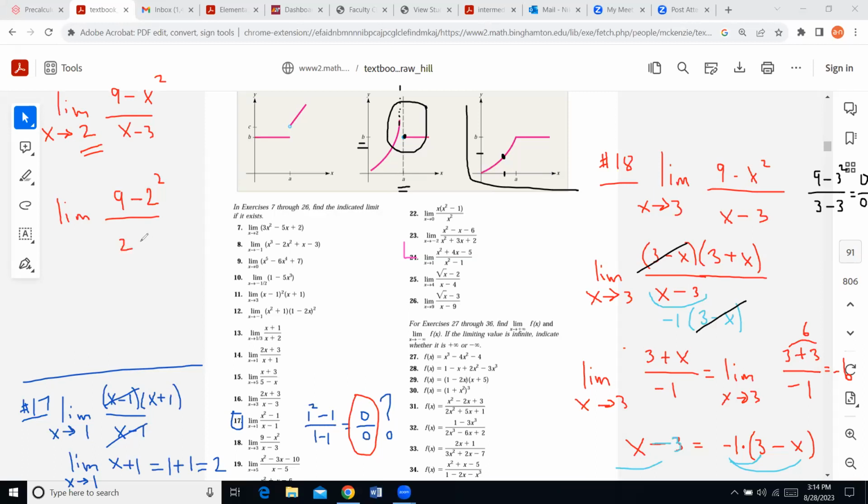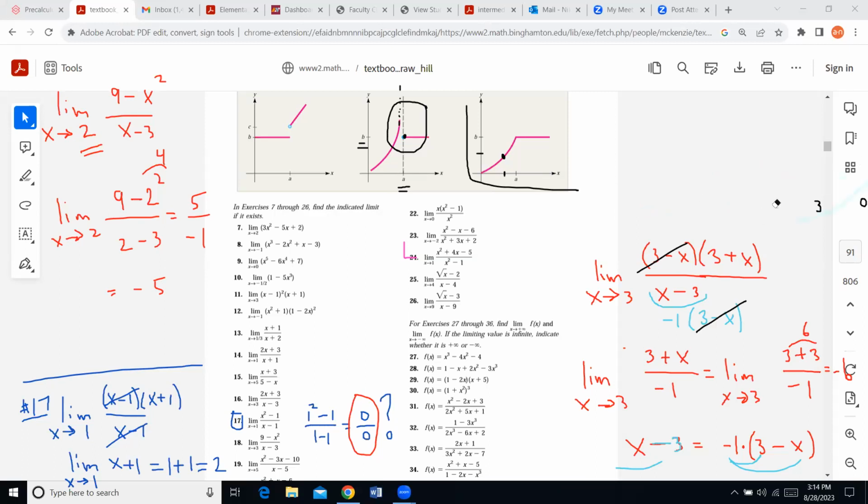Look at this. My numerator will be 9 minus 4, right, which is 5. So you just plug in numbers. And the denominator is -1, 2 minus 3. So the answer is -5. And this is just fine. We have no problem with this fraction.